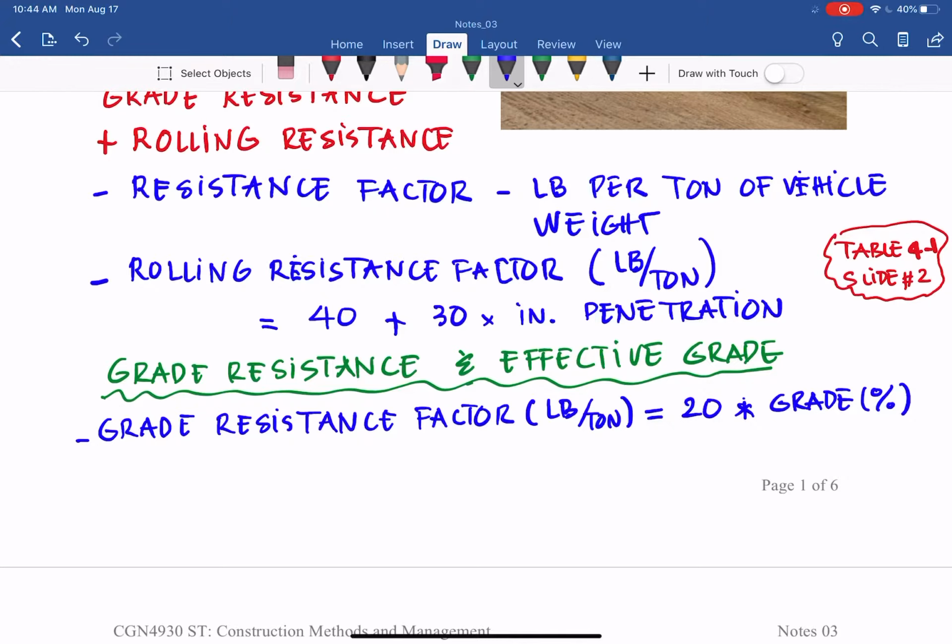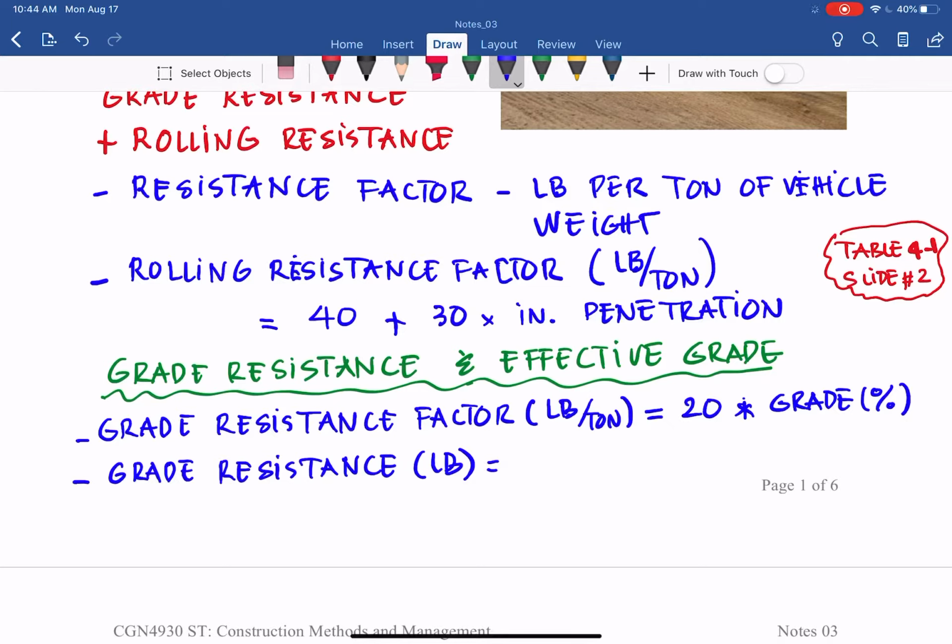And same as rolling, we also have the grade resistance measured in pound. There can be two equations that we can have, depending on which measure we apply.